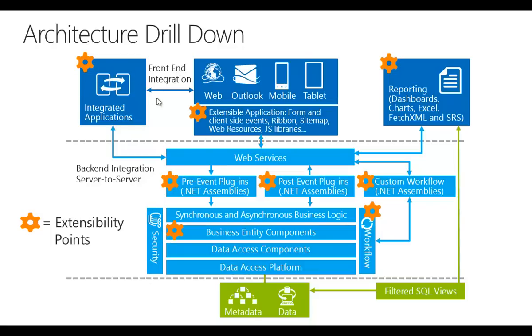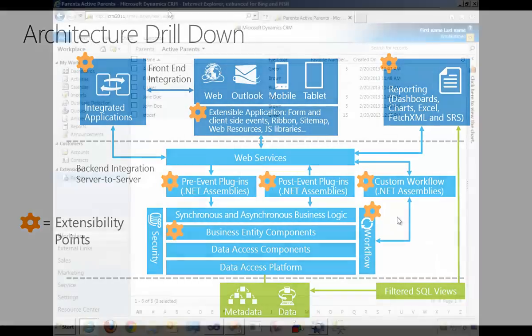You can extend CRM's user interface with any external web-based application which can be configured for single sign-on and call back through the web services layer. And you can build business logic behind the web services in the form of what we call .NET plugins and workflow activities. So let's take a look at these extensibility mechanisms in action.